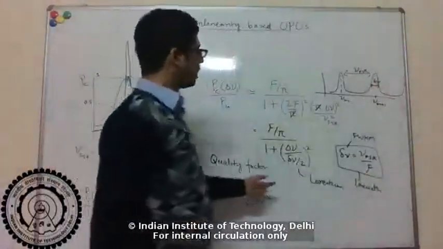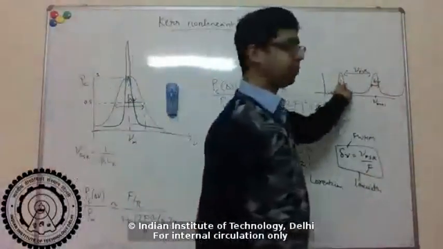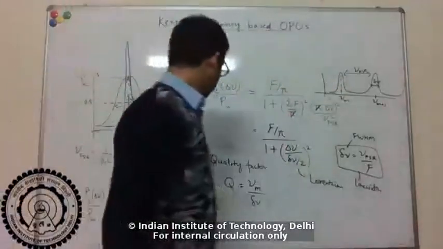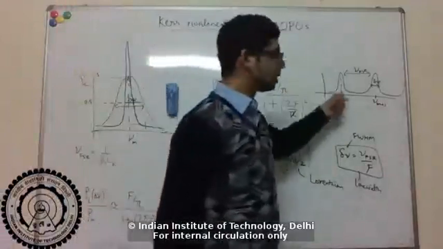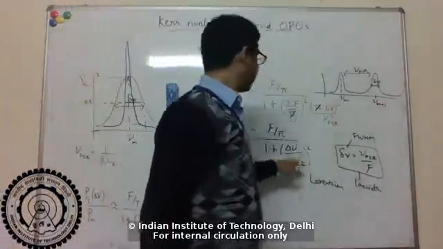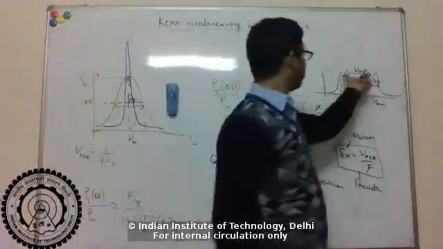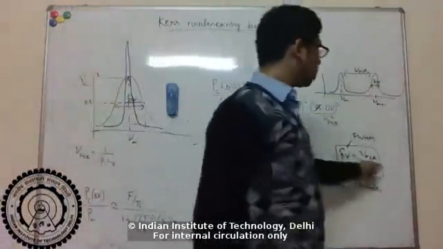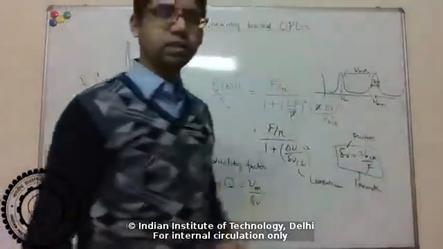The quality factor is defined as the resonance frequency divided by the line width. So you can see that of course the quality factor will be a much bigger number, right? Because this is the absolute frequency divided by the line width, whereas finesse is the FSR divided by the line width. So finesse we saw for a good cavity is usually in the few hundred range.